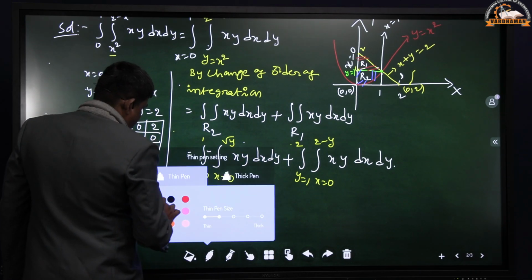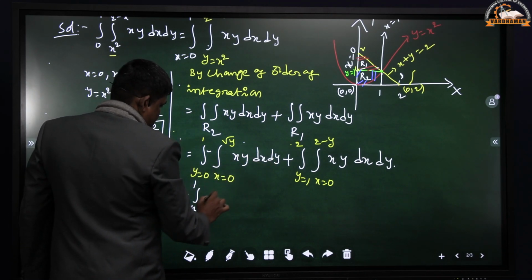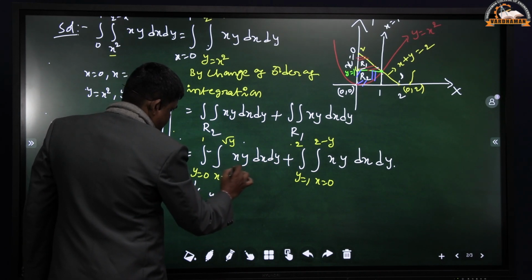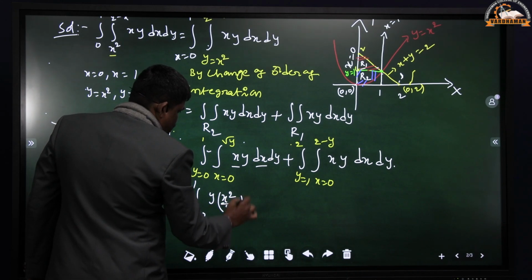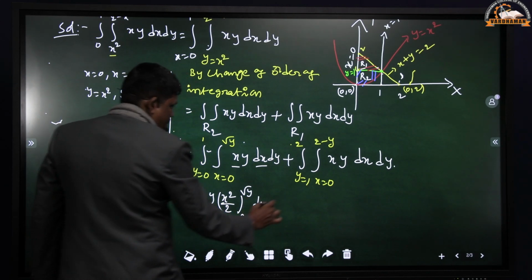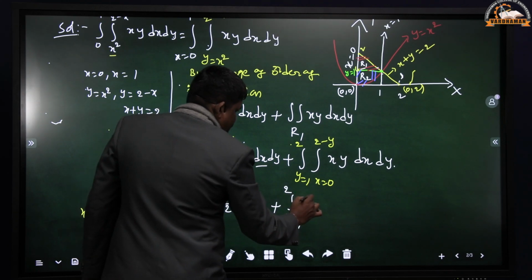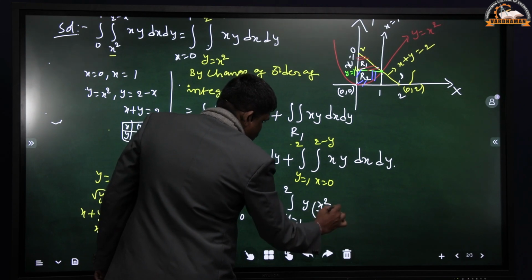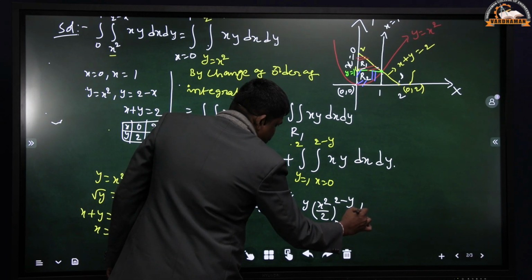Let's move to evaluation. Integral y is 0 to 1 of xy dx dy. In the sense, y as it is, x dx will become x square by 2, and you are going to substitute 0 to square root y into dy, plus integral y is 1 to 2, and it will become y into the same x square by 2, from 0 to 2 minus y, into dy.